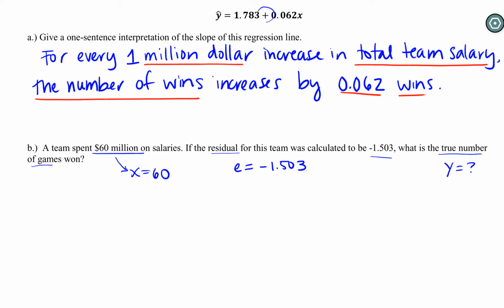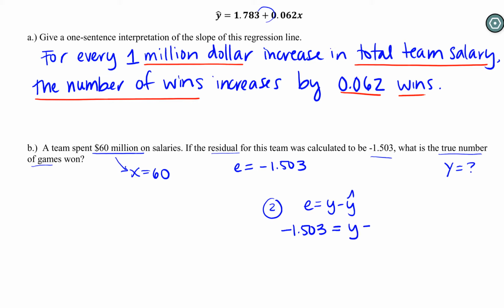Now this is similar to the previous example in that it's a two-step process. As soon as I see a residual given, I like to write down my residual formula. Right? This is always going to be our step 2. Because I know my residual, my e. I know I'm looking for y.